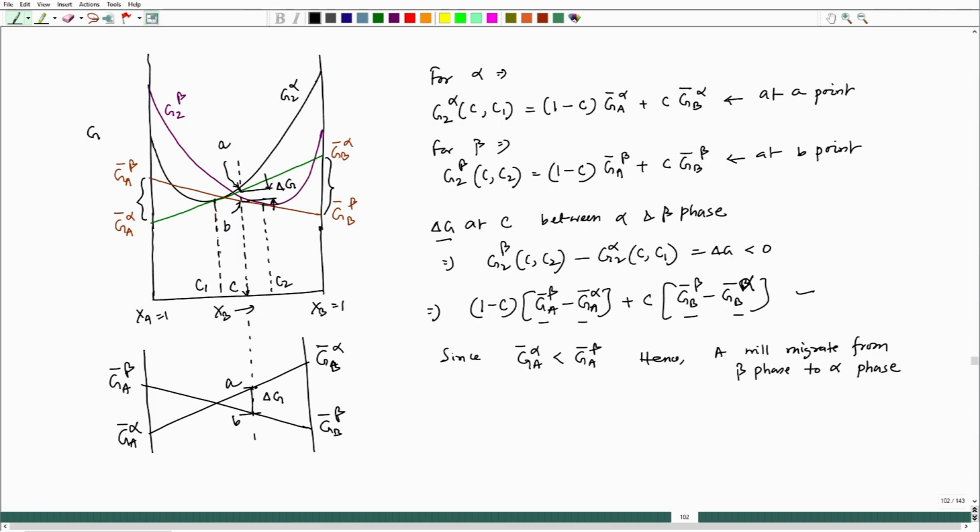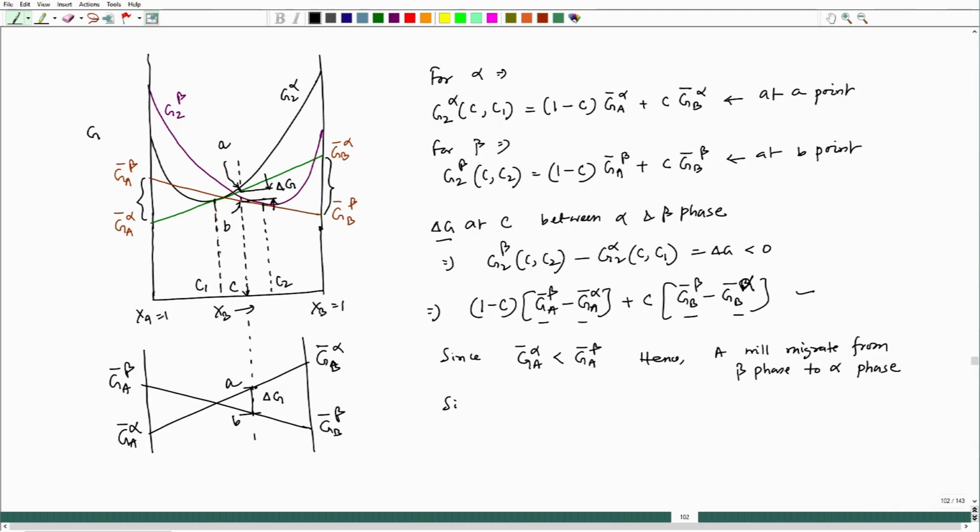Since the escaping tendency of A from both the solutions are different and there is a net negative value when I am talking about G A alpha minus G A beta. So, that is a negative quantity. So, that means there should be a flow of A from beta phase to alpha phase.